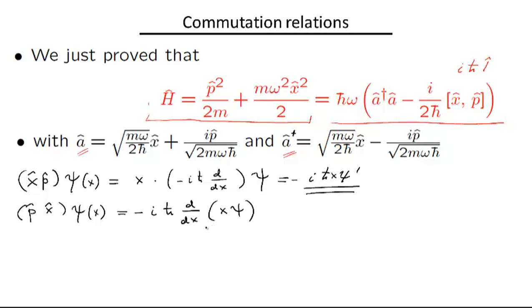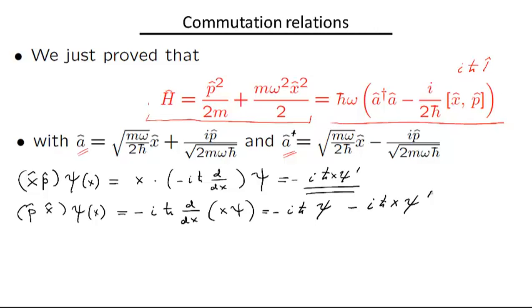In this case, we have to use the chain rule to calculate the derivative of both terms in this product. So it's going to involve minus i h bar, the derivative of x being just 1, times psi, minus i h bar x psi prime.